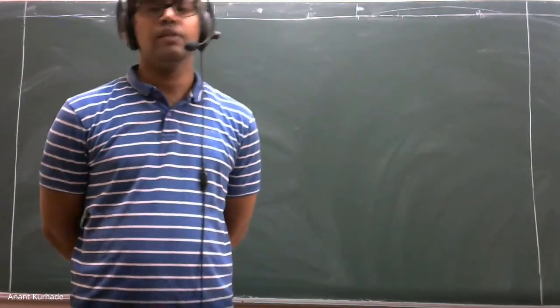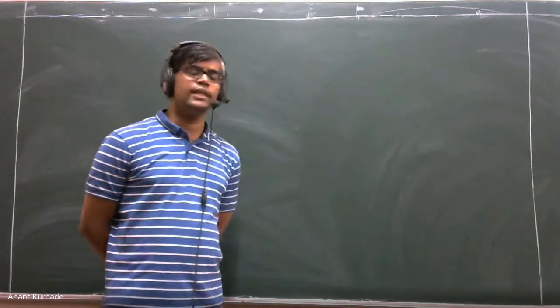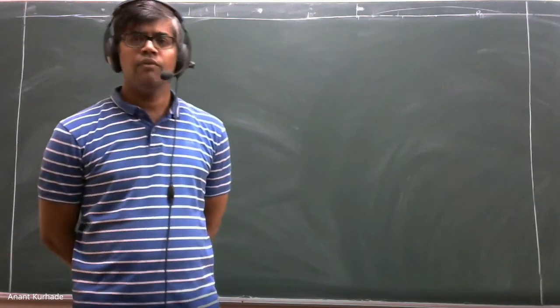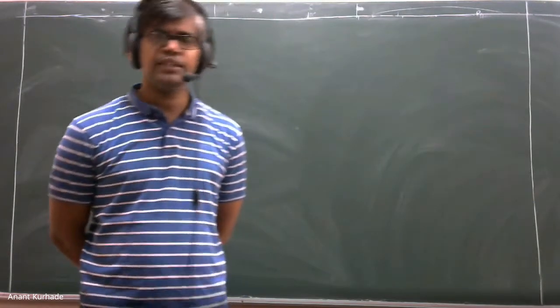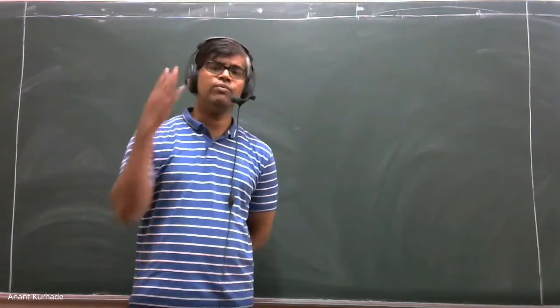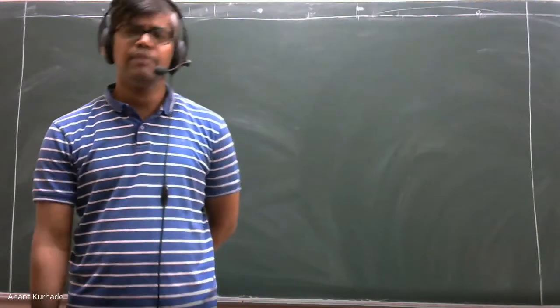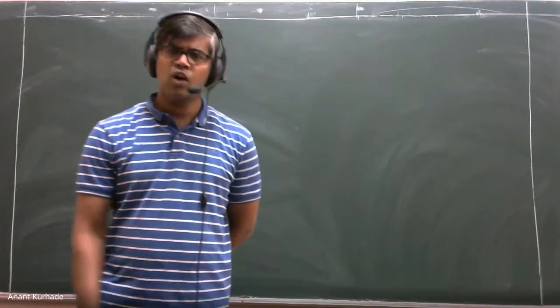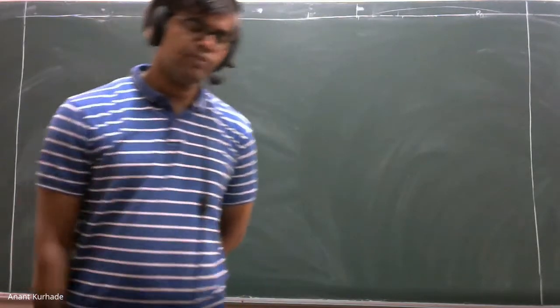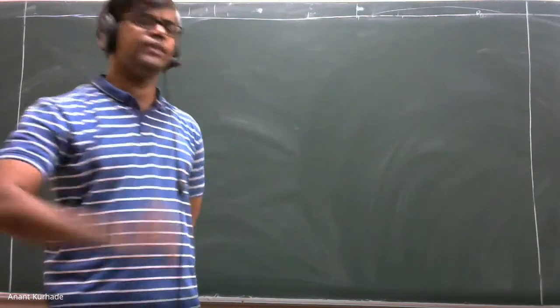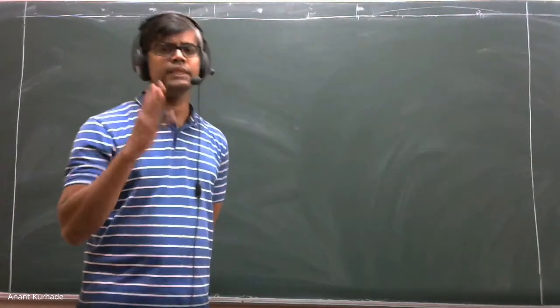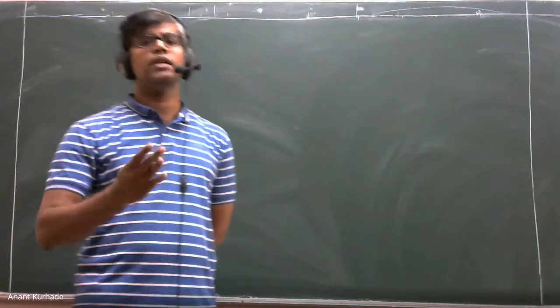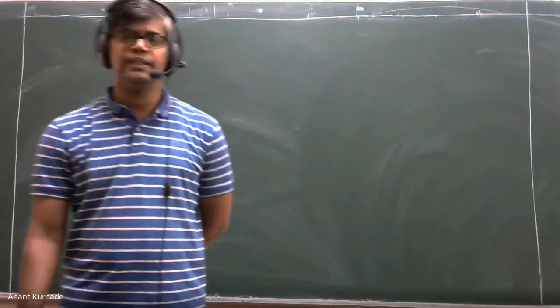Keep a calculator for each and every lecture, and always fix the calculator up to 4 decimal places if it is not mentioned in the problem statement. That means write your answer up to 4 decimal places.